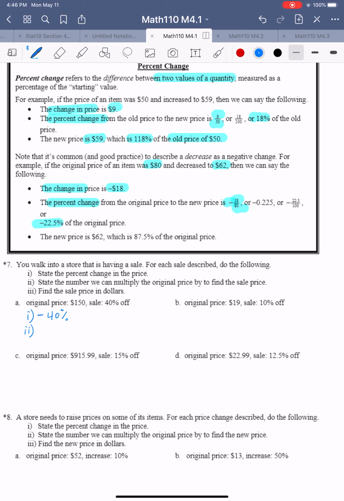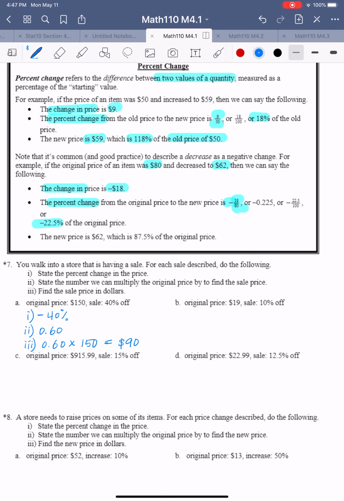Actually, for 40% off, to find the sale price, you multiply by 0.60 instead of 0.4. Then the sale price will be 0.60 times the original price, which becomes $90. That's the price.